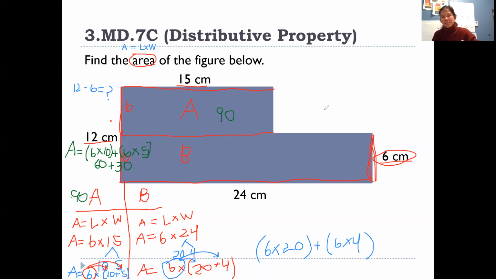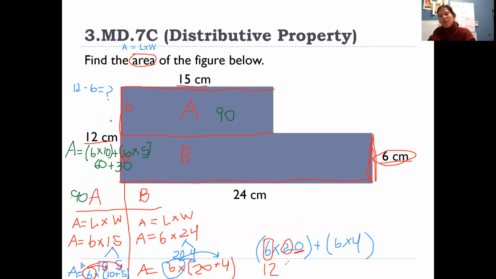Great. Now I can solve for each individual equation that is just separated by their parentheses. So 6 times 20. Instead of adding 6 20 times, I'm going to use my understanding of how to multiply single-digit numbers by multiples of 10. I know I can take that single-digit number and the first digit of the multiple of 10 and multiply those numbers. So 6 times 2, that's 12. Then I would take the 0 and ask myself, how many zeros are in that equation?